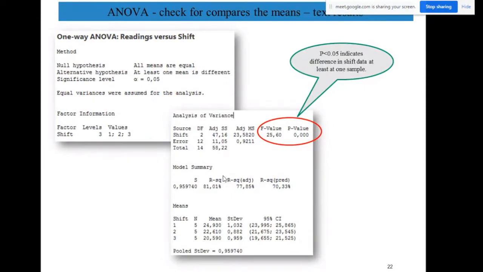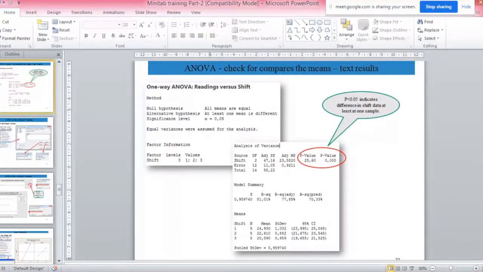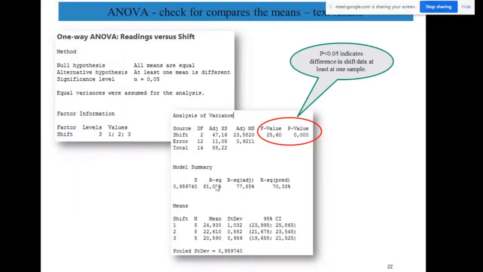We will go for the example. Before that, R square is the coefficient of determination: sum of square between group, SS between, divided by total.